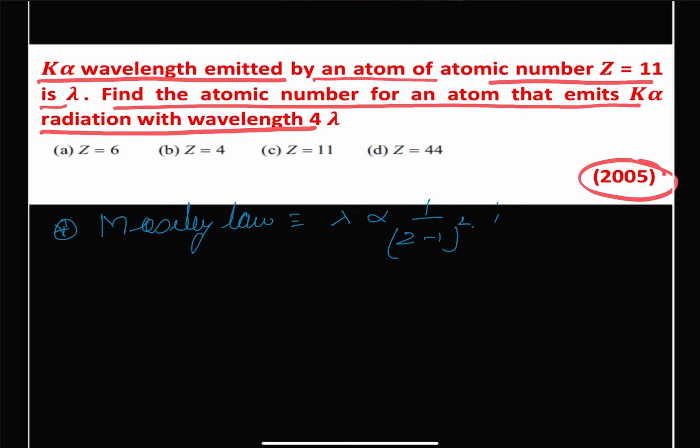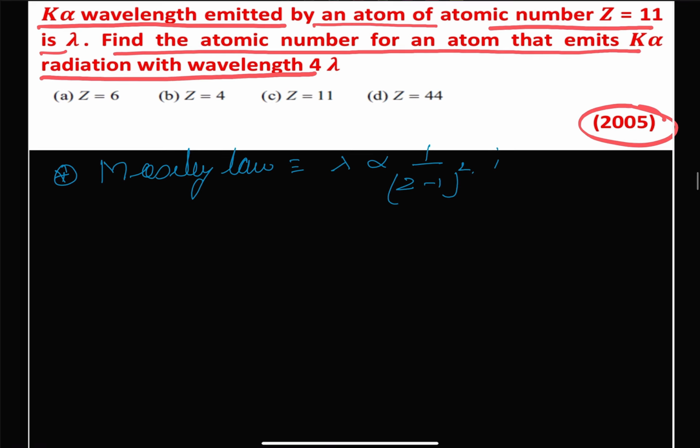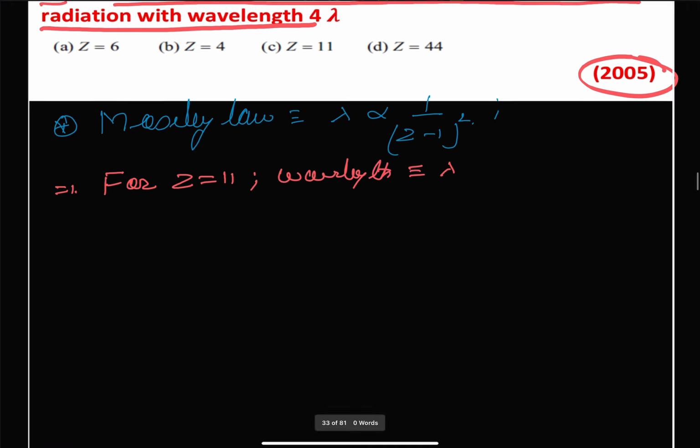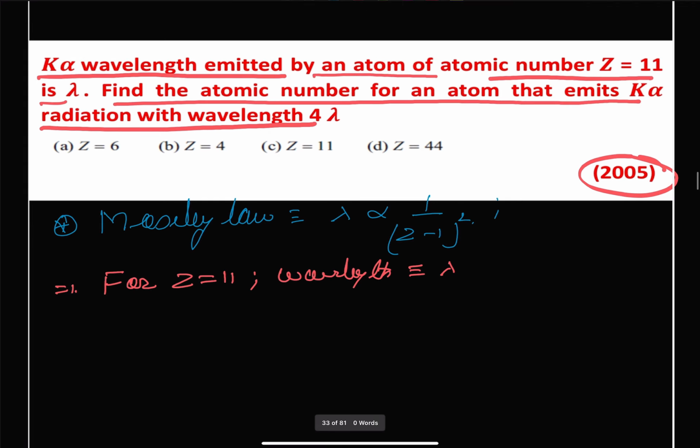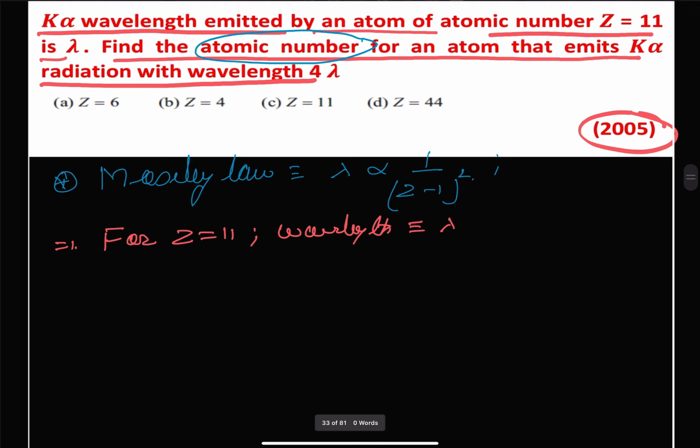And we are given that when value of Z is 11, wavelength is lambda. And we have to find out a new atomic number. Let us suppose that is Z prime, and the wavelength is 4 lambda, let us suppose lambda prime.